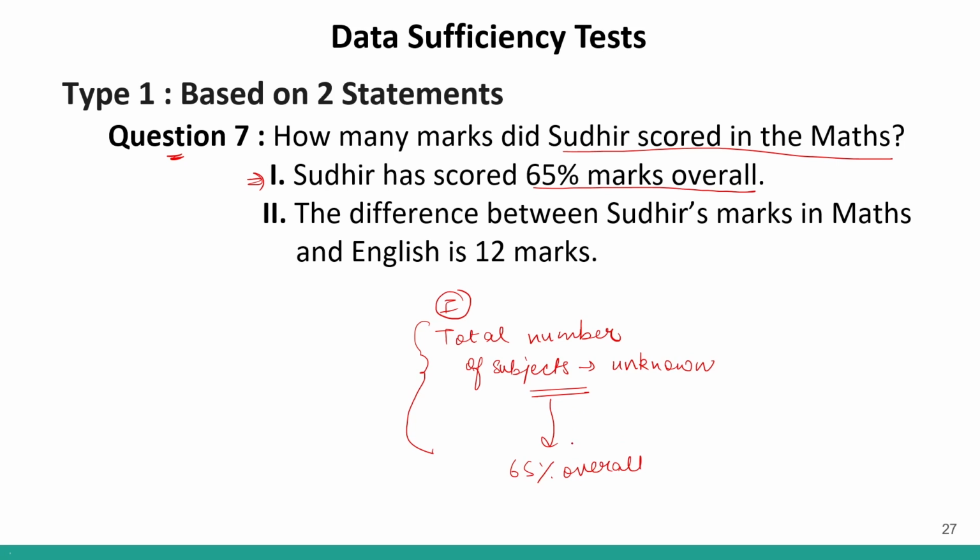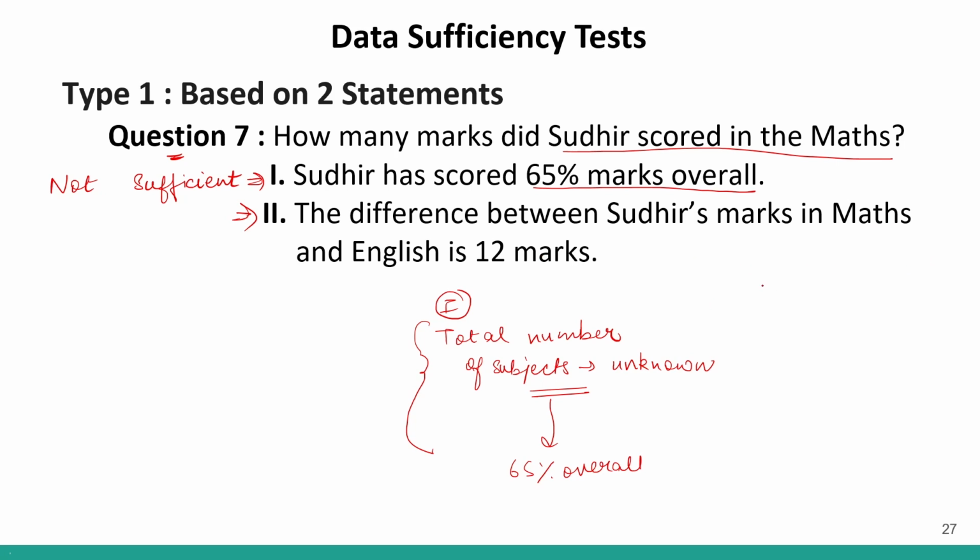Is it enough to answer how many marks Sudhir has scored in maths? No. So this data alone is not sufficient. Correct? Now, moving on to statement number 2. Statement number 2 says that the difference between Sudhir's marks in maths and English is 12 marks.